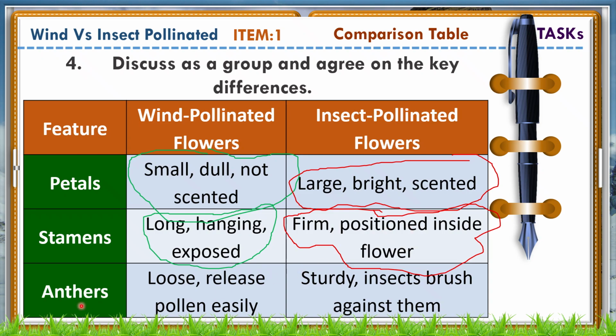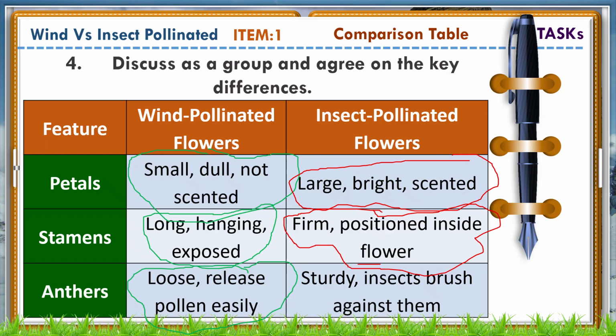When you come to the anthers, you will find that for the wind-pollinated anthers, they are loose and they release pollen easily. We saw that the anthers of the wind-pollinated flower are hanging outside and they are loosely attached, meaning they can release pollen very easily.